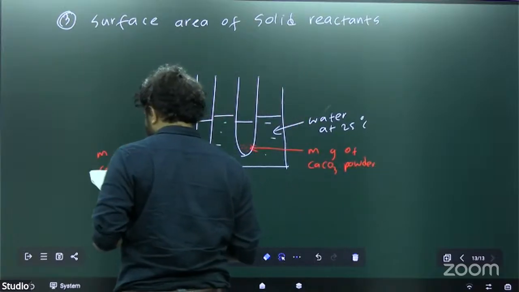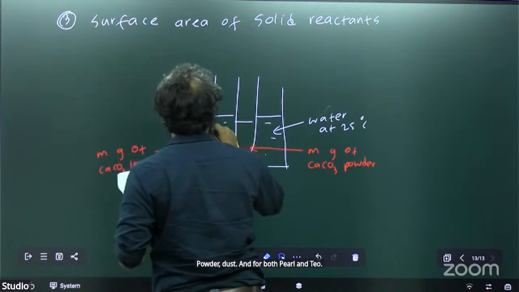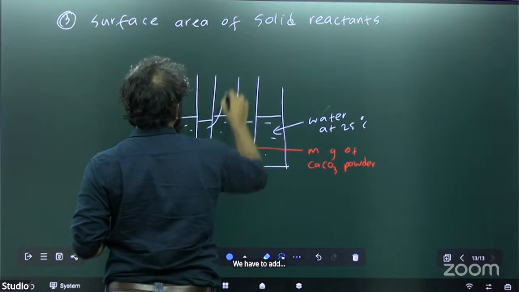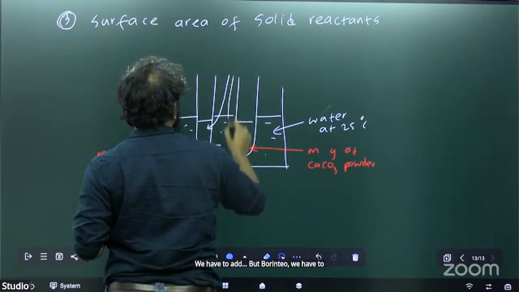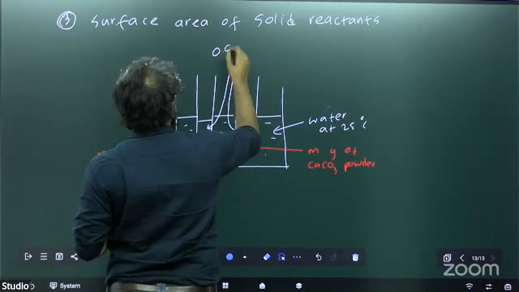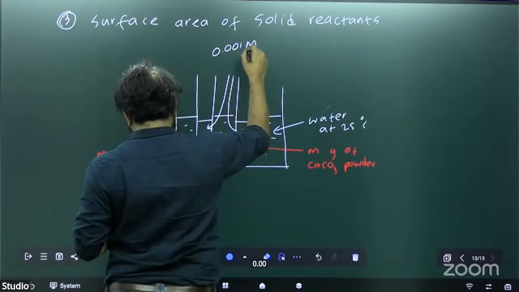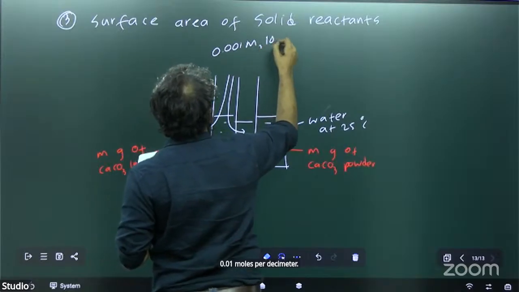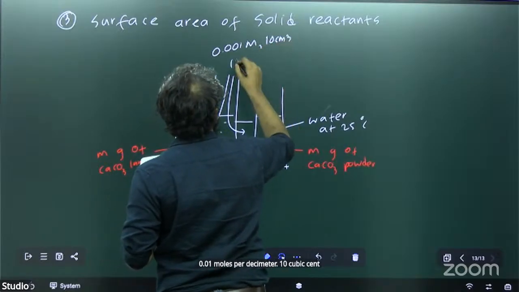And for both boiling tubes, we have to add 0.001 moles per decimeter cubed, 10 cubic centimeter HCl.